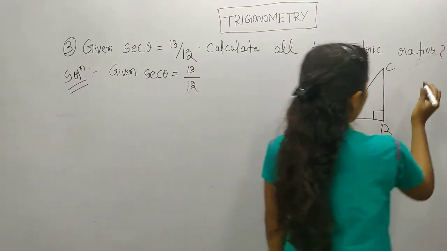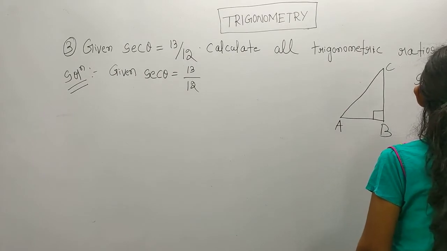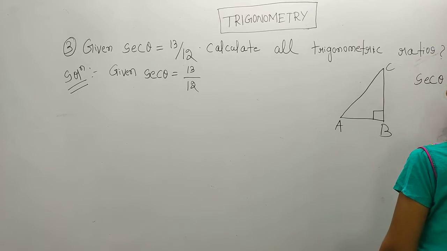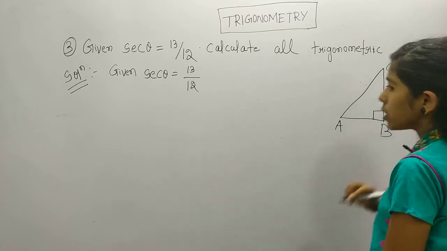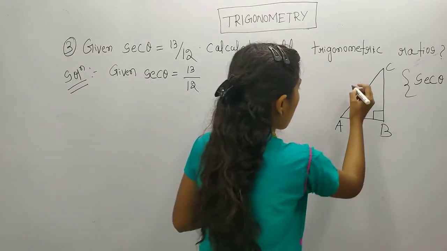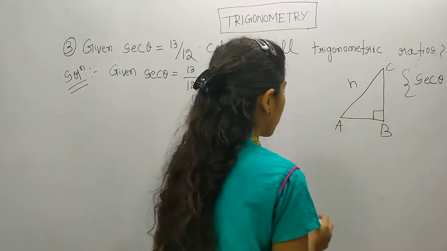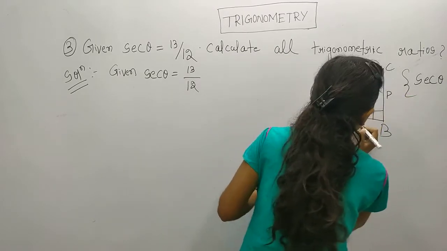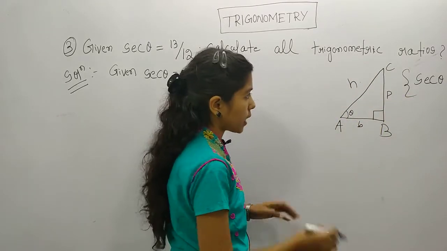Sec theta is the reciprocal of cos theta, so it will become H by B. We already learnt in the previous class. This is the hypotenuse. This is angle theta. So this will be the perpendicular and this will be the base.